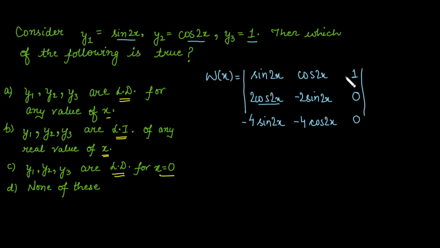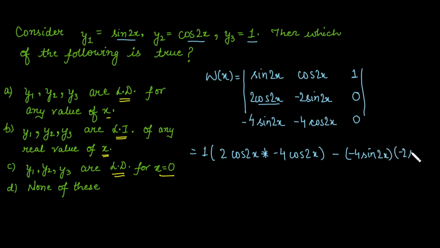So we can take the determinant from this side. We have this equal to 1 times cos 2x into minus 4 cos 2x, then minus 4 sine 2x into minus 2 sine 2x.